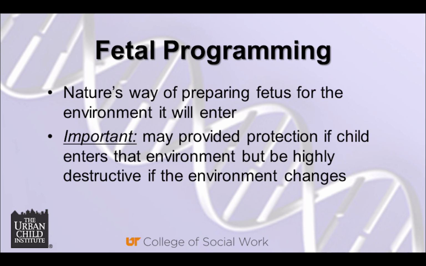So, for instance, in famine, a woman doesn't get enough to eat. It affects the developing fetus by changing some gene expression. War may make a woman anxious and highly stressed and very reactive, trying to protect herself, and those impacts will be passed along to her fetus. Let's look at some important examples.